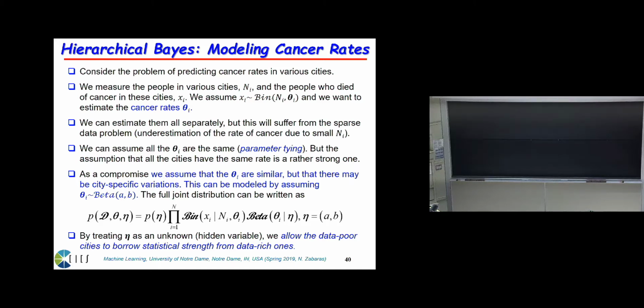right? So basically, what we need to do here is, we're going to fix eta to some point estimate, and so what we're going to do is, we're going to integrate this equation in theta, in all the thetas. So what effectively we're going to get out is the likelihood of the data. All right, and because we're going to fix this at one point, we're going to get basically P of D, and then we're going to have to maximize P of D with respect to the parameter eta.